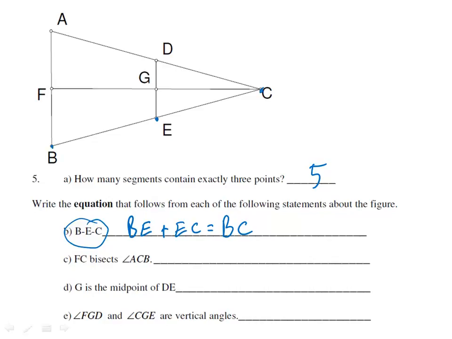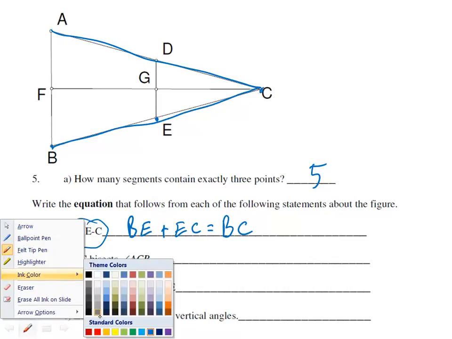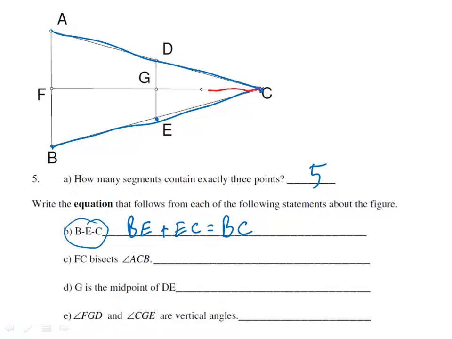Alright? FC bisects angle ACB. Angle ACB is the one created by these two sides of the large triangle. And now they're telling us that FC bisects that. So this is bisecting.